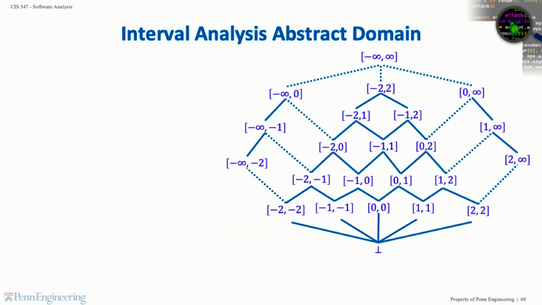Here is a visualization of the abstract domain for interval analysis. Notice that the intervals are ordered by inclusion. For instance, there is an edge from interval 0, 0 to interval 0, 1, since the former is included in the latter.